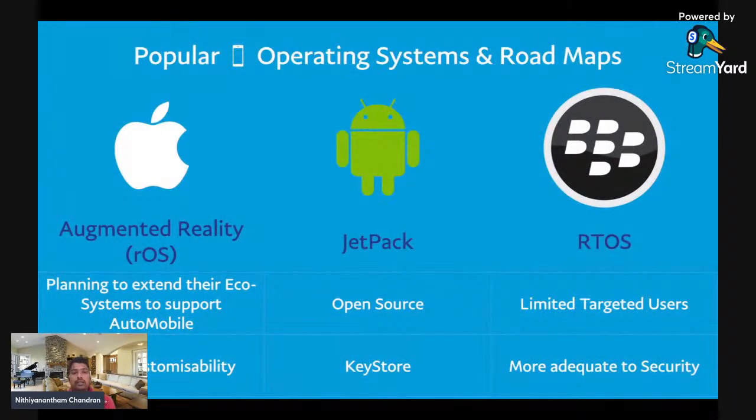This is a place where we are going to learn, through roadmaps, about the current operating systems. In general, we have so many operating systems. In 2012, nearly seven operating systems called themselves smart operating systems, and they were leading the world.